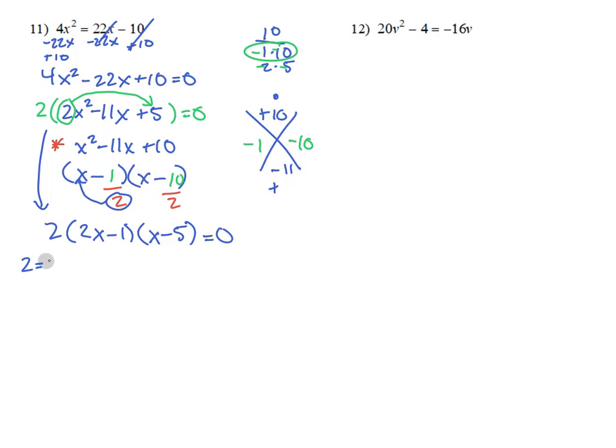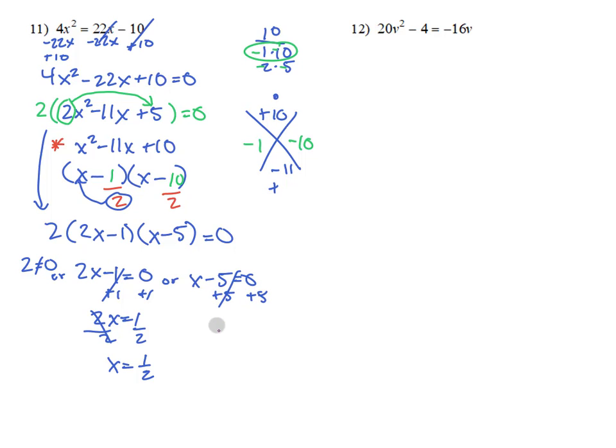So either 2 equals 0, which it doesn't and never will, or 2x minus 1 equals 0, or x minus 5 equals 0. So here, if we add 1 over and divide by 2, we get positive 1/2. And over here, if we add 5 over, we get x equals 5. So our 2 solutions are positive 1/2 or positive 5.